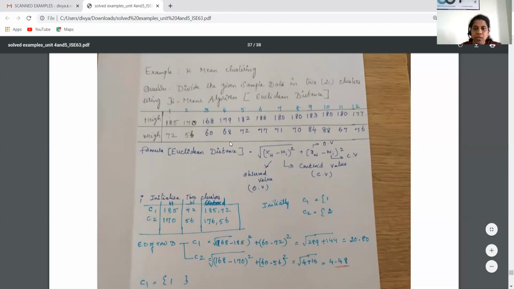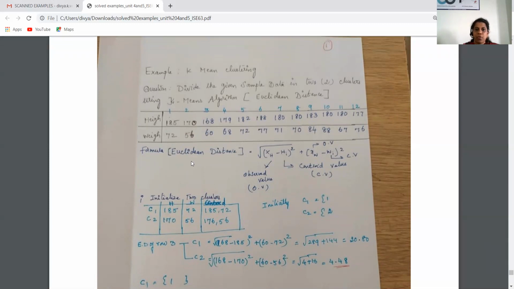Using this Euclidean distance formula, we are going to calculate the distance between the points to assign each to a cluster. Initially we take one point as the centroid for one cluster and another point for the second cluster, representing the clusters with C1 and C2. The first point, height 185 and weight 72, is taken as the representative of the first cluster C1.